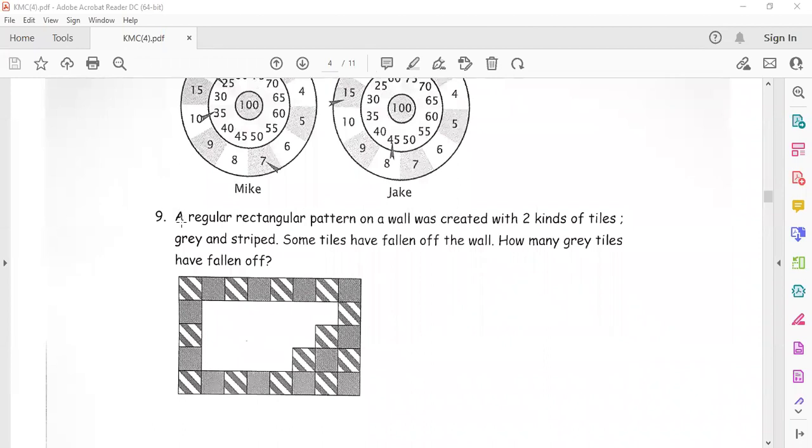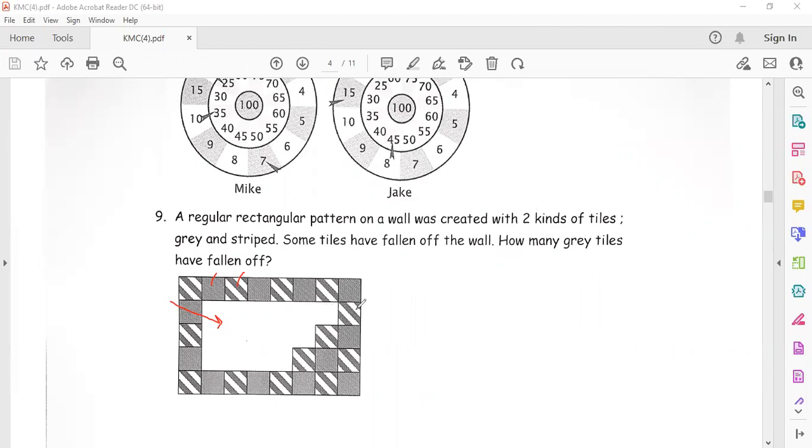Now over here, a regular rectangular pattern on a wall was created with 2 kinds of tiles, gray and striped. Obviously you can see these are the gray ones and these are the striped ones. Some tiles have fallen off the wall. That's the empty space here. How many gray tiles have fallen off?